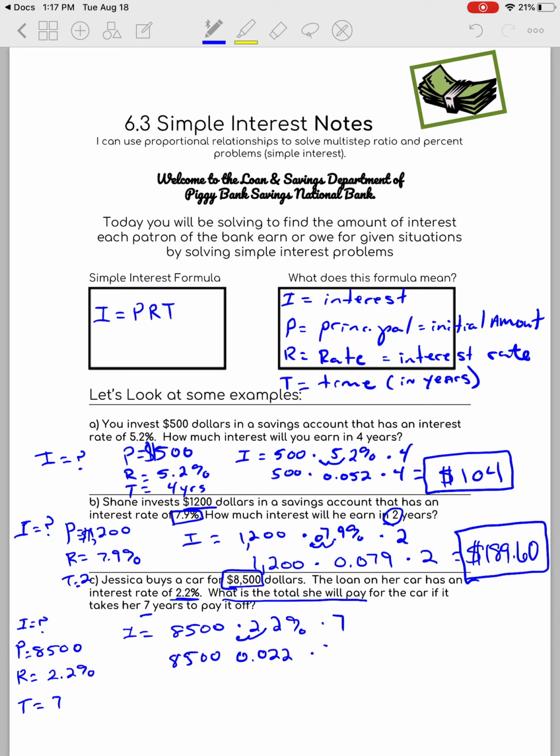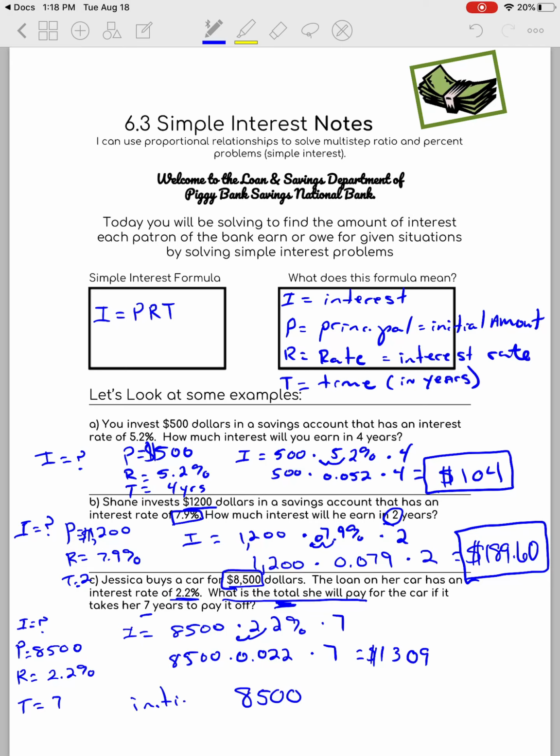Convert that, that is 0.022 times 7. What's that equal? 8,500 times 0.022 times 7. They give you $1,309.